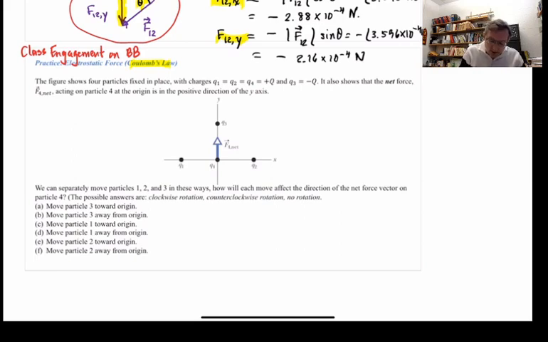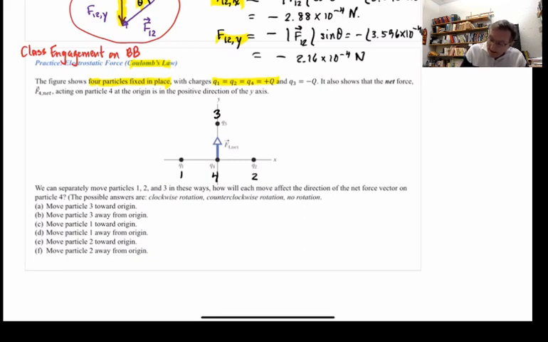It shows four particles that are fixed in place. Particle 1 is this one. Particle 2 is this one. Particle 4 is this one. Those particles all have the same positive charge, which is denoted by the amount plus big Q. Okay? So 1, 2, and 4 all have charge plus big Q. Particle 3 is the one up here on the y-axis.